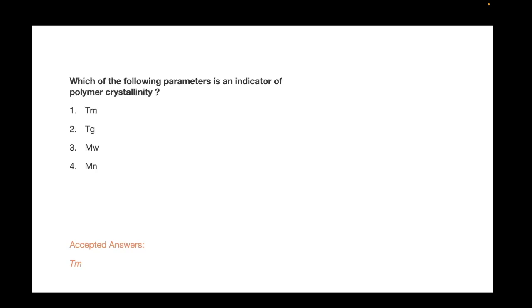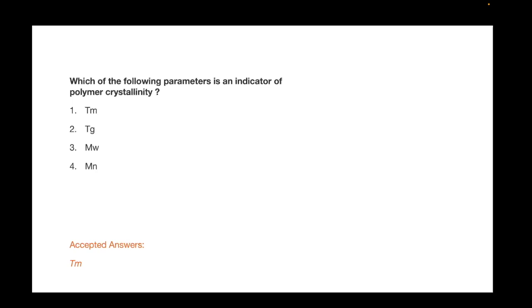So, the property that indicates the polymer crystallinity is the melting temperature, or the Tm, and it is the temperature at which the crystalline domain in the polymer melts and loses its ordered structure, which basically defines the crystallinity.